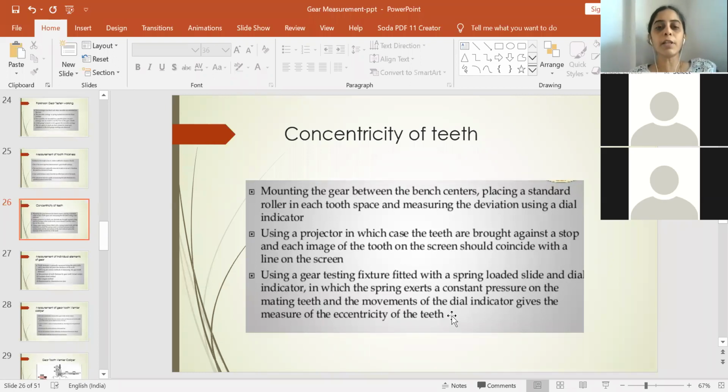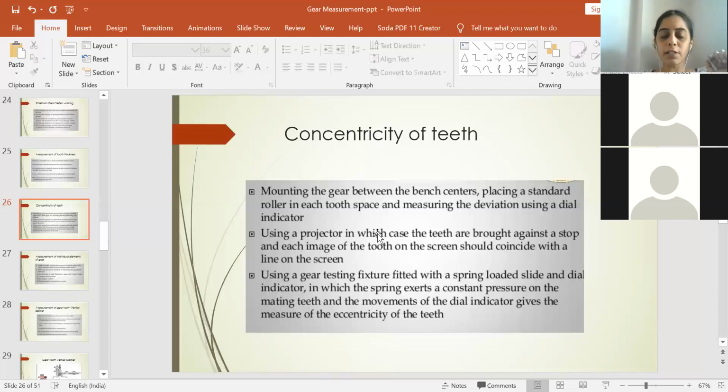This usually is operated by using an instrument which has a dial indicator. Along with this, we'll be using a gear testing fixture. So you should have an optical projector with the dial indicator and you will use an accessory, a gear testing fixture, in order to measure the concentricity of the teeth.